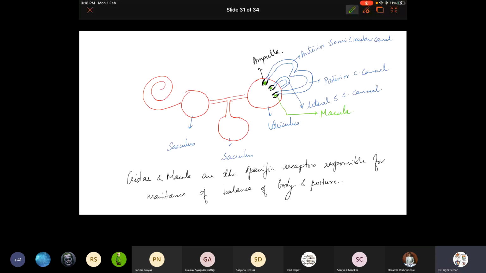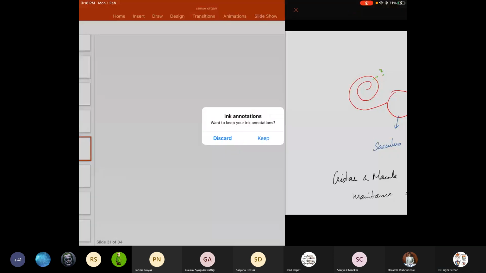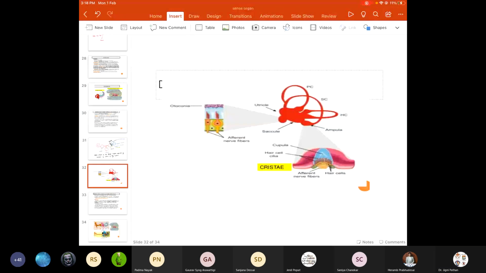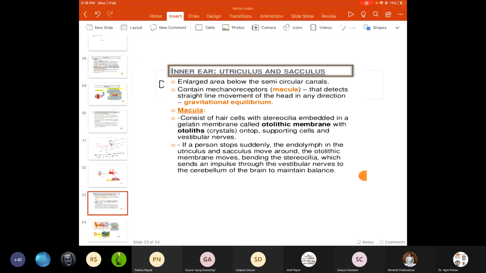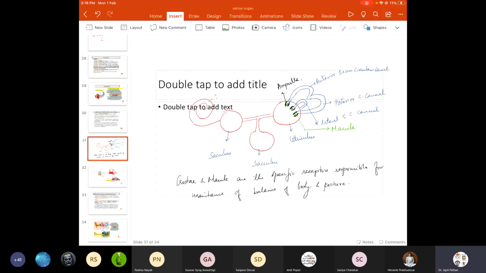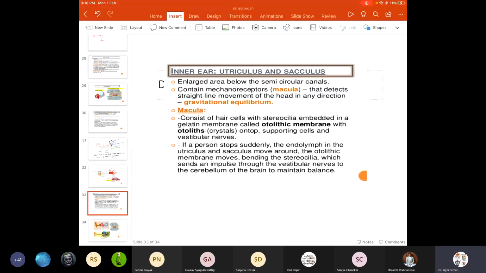What is this? So the vestibular has two parts. One is utriculus and sacculus.